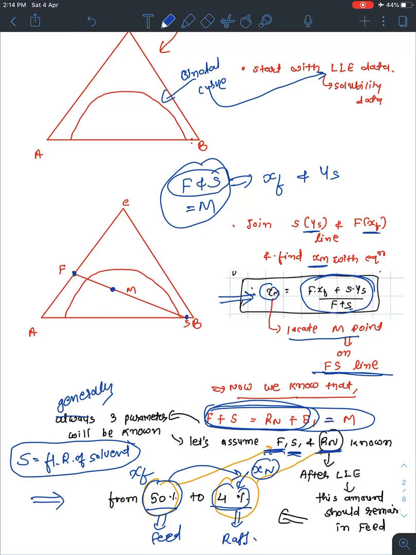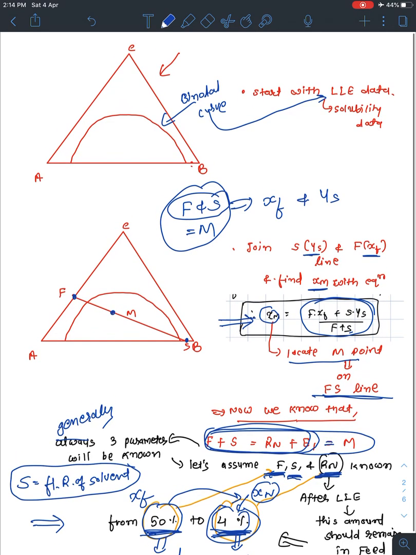Again I am repeating how we can get this Rn data based on this particular weight fraction: I want this separation, so from the feed 50% to 4%. At the outlet I want 4%, so the rest of the solute would be extracted. This is our raffinate phase, so it is Rn. Now let's move forward. This is known to us: F, S and Rn. Okay, so let me change the page.